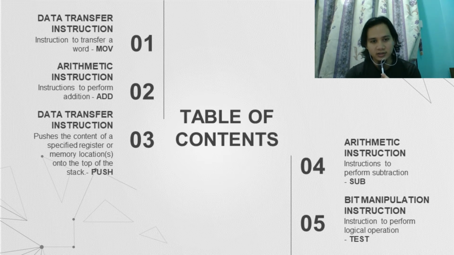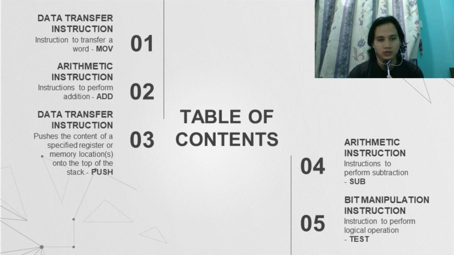The third is the data transfer instruction with the code PUSH, which pushes the content of a specified register or memory location onto the top of the stack. The fourth is also an arithmetic instruction, with the code SUB, to perform subtraction. And the fifth is the bit manipulation instruction with the code TEST, an instruction to perform logical operations.